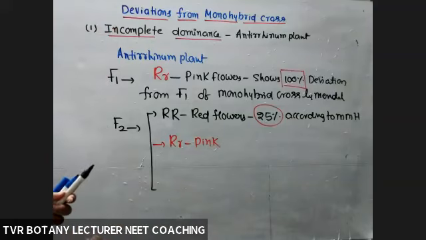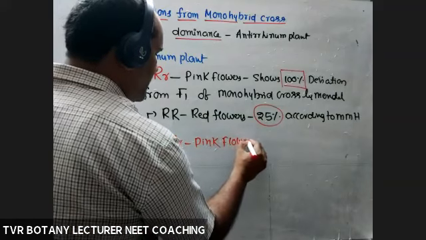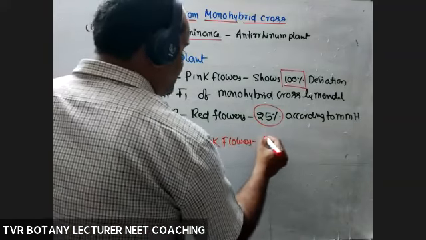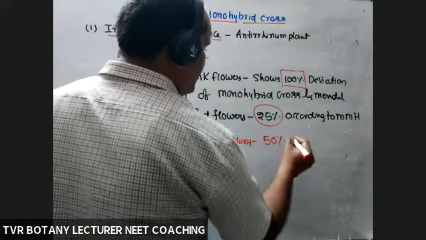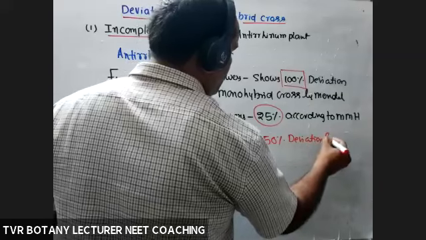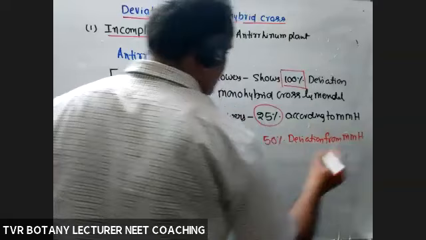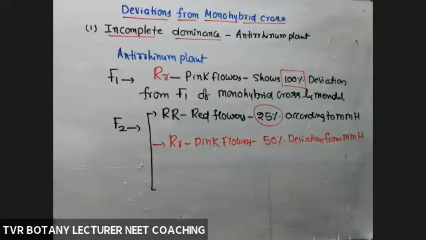Probability 1/2 or 2/4, 50%. Pink flowers: how much percentage of deviation? 50% deviation from Mendel monohybrid cross, typical monohybrid cross.